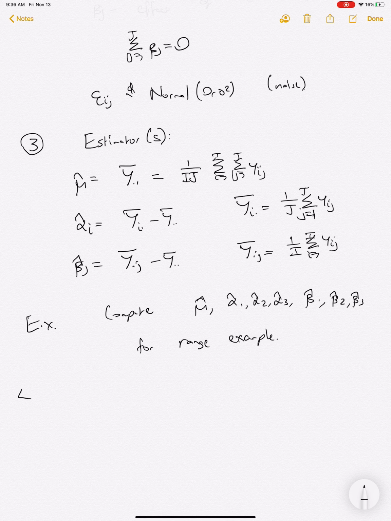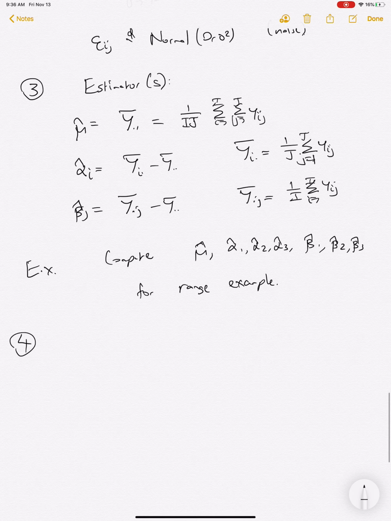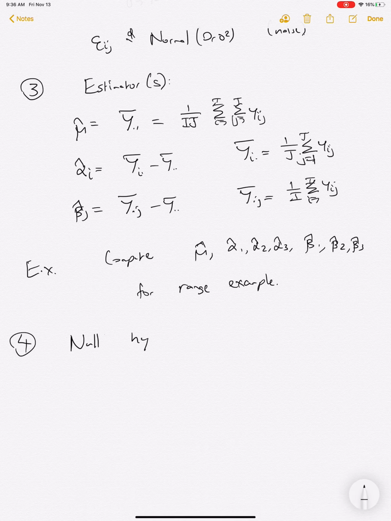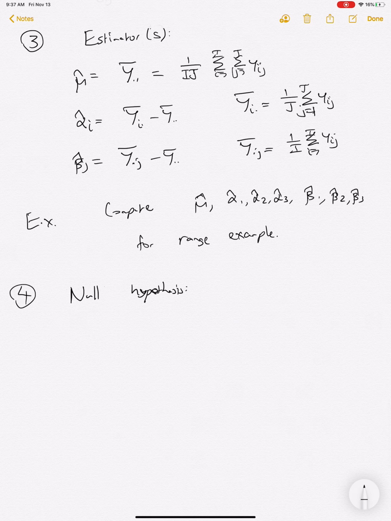So now things start to be a little bit different once we turn to the question of hypothesis testing. So I guess the fourth component when we're talking about hypothesis testing is the null hypothesis. And there's actually two null hypotheses we could have here, and you could also have both null hypotheses together. We're just going to call the first one HA, which is that alpha 1 equals alpha 2 equals ... alpha I is equal to 0.